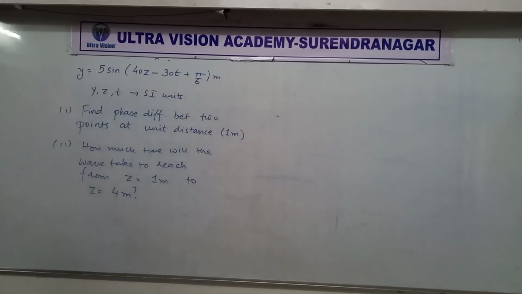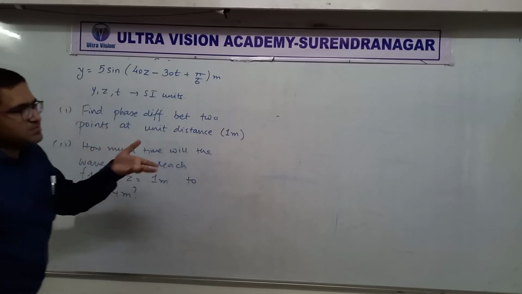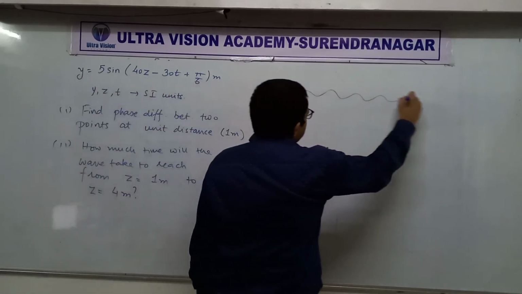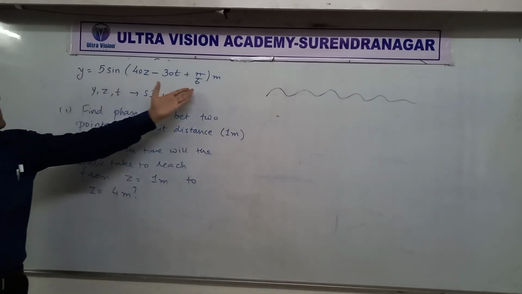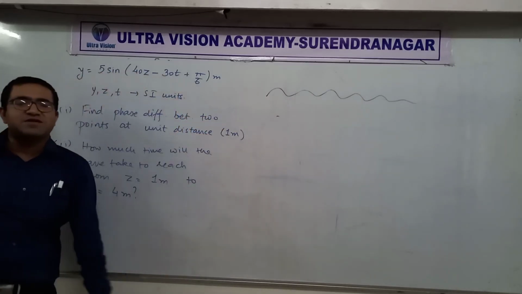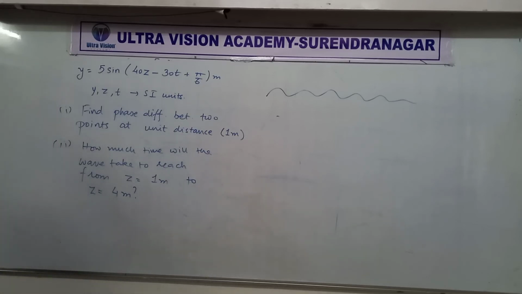Okay, for the first one, I suggest that everyone draws a diagram. Drawing a diagram helps. So let's say this is that wave. It is traveling in which direction? Can you look at this and tell me which direction it's traveling?